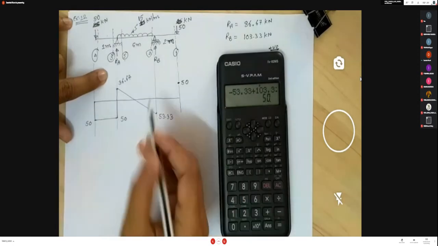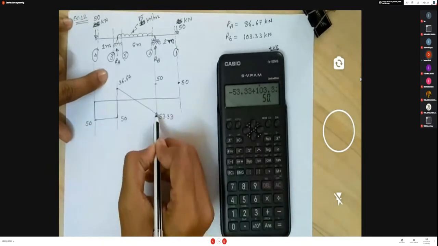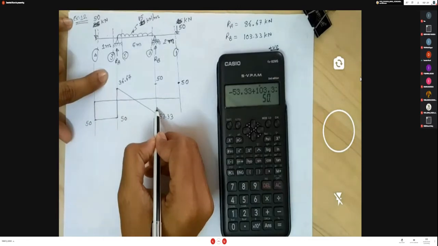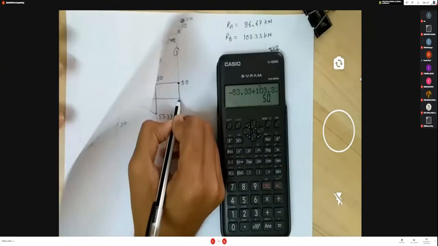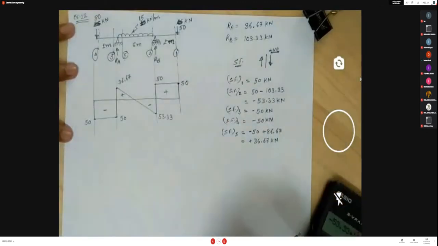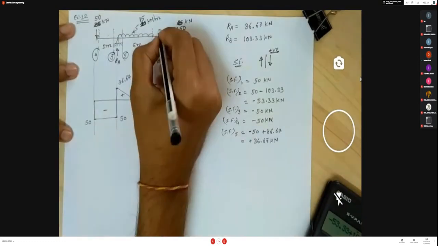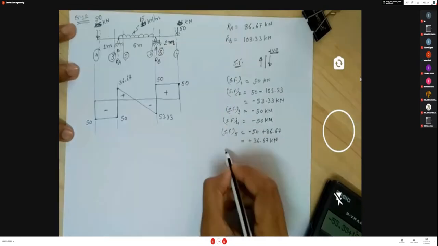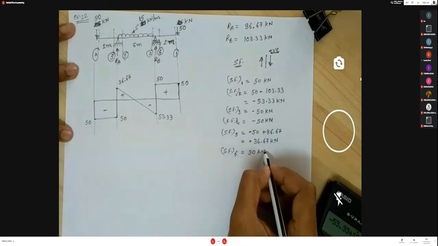So minus 53.33 plus 103.33, it becomes plus 50. So at this point, you also get a value of 50. Your diagram instantly increases from here and after that is constant and 0. So this is negative, positive. If you consider another section here, 6, you get shear force at 6, so it's 50 kilonewton.